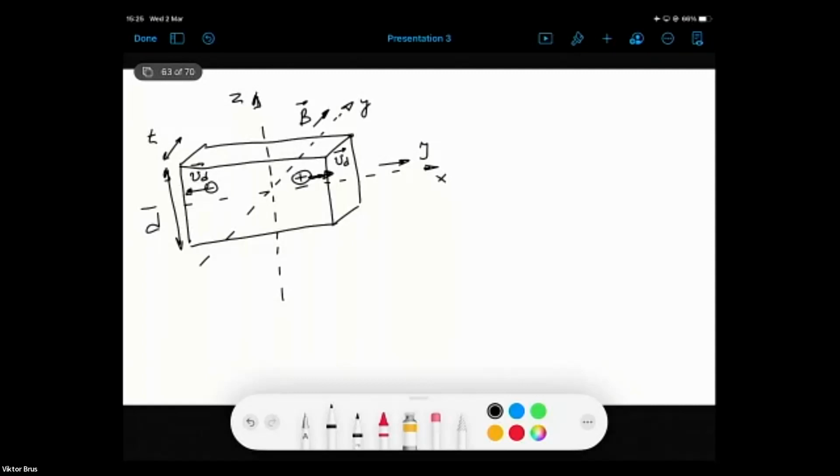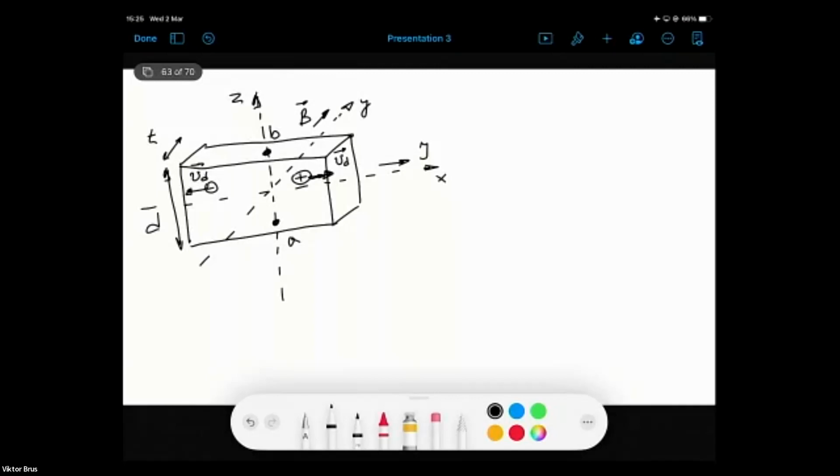And when we turn on this external magnetic field, there will be some potential difference between points, let's say A, B, which are located at the edges of this conductor, and the line between these points A, B will be parallel to the direction of axis Z.